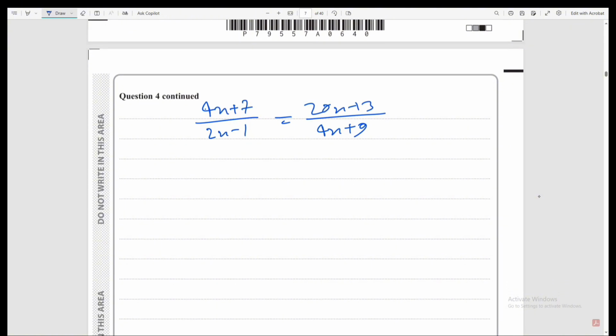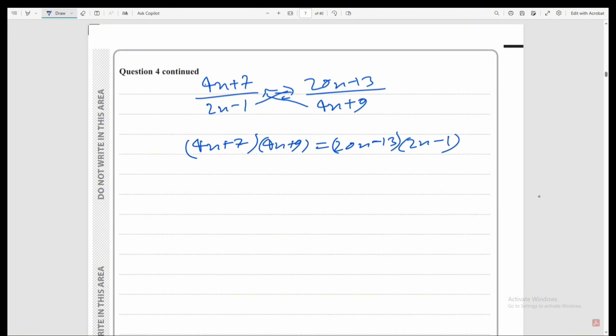Now we can solve this equation just by cross multiplying. The 2x minus 1 here goes to the other side and multiplies, and 4x plus 9 goes to the other side and multiplies. So 4x plus 7 into 4x plus 9 equals 20x minus 13 into 2x minus 1.